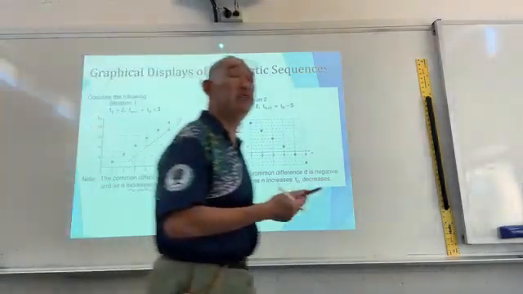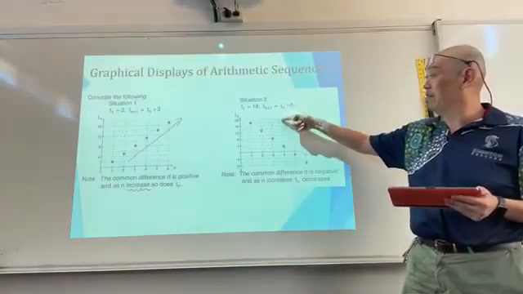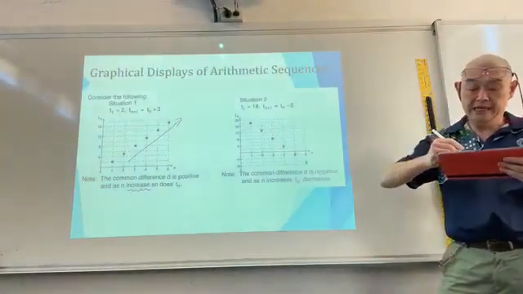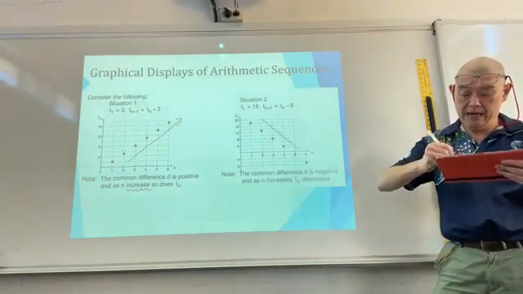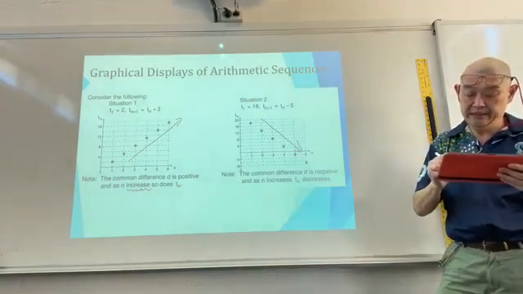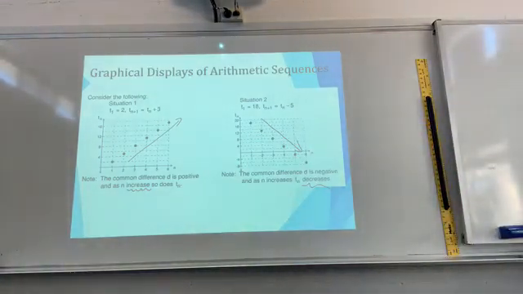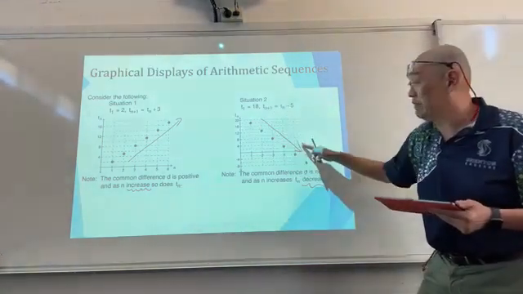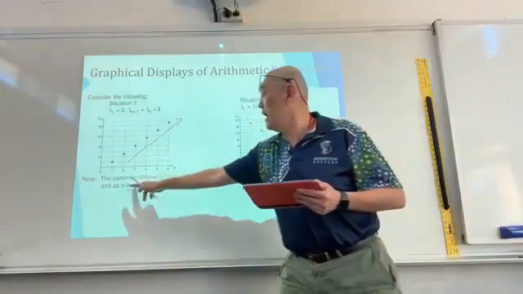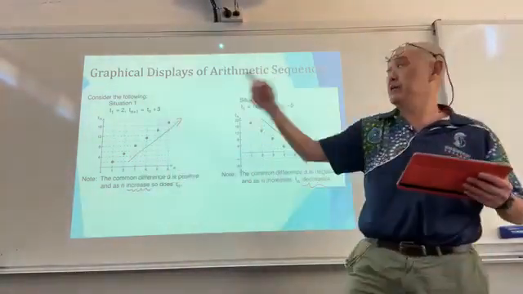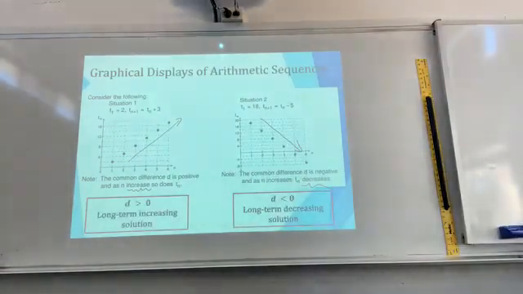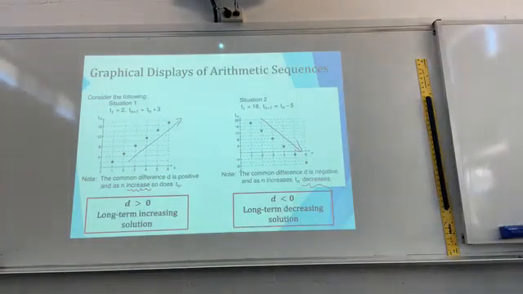Whereas in this situation, you are taking away 5. And you can see that there's a negative slope, and negative is decreasing. All right? So in this case, as n is increasing, tn is decreasing. As n is increasing, tn is increasing. Now, how are we going to describe this? When d is greater than 0, we have a long-term increasing solution.